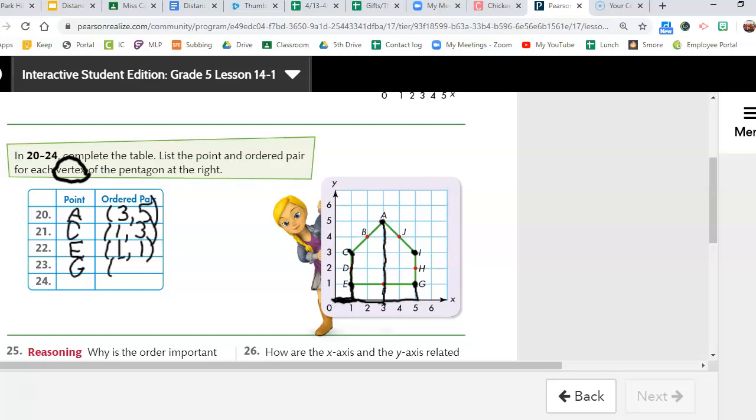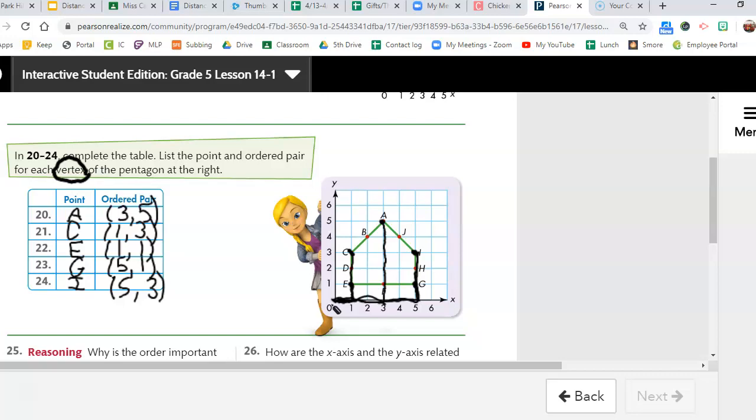So my ordered pair is 5, 1. And then finally, I have point I. To get to point I, go over 5 and up 3. Over 5, up 1, 2, 3. So my ordered pair is 5, 3.